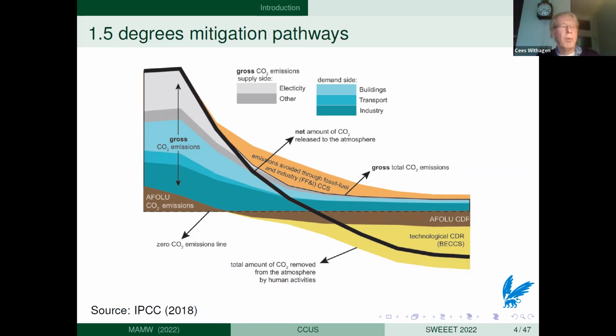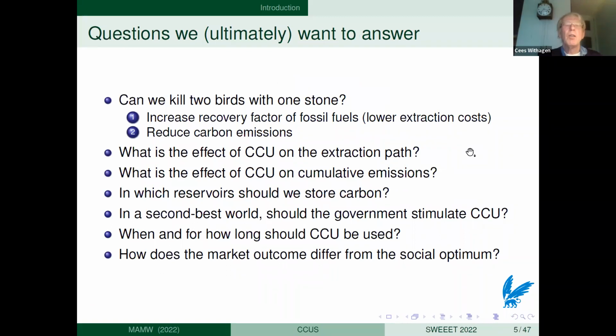So therefore, it's important to pay attention to carbon capture and storage from an economic perspective. So the questions that we want to answer are the following. Can we kill two birds with one stone? And the idea is that we can use carbon capture and storage in two ways.